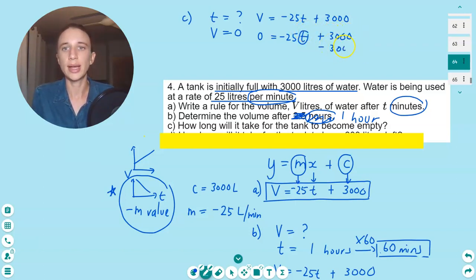It's furthest away. And 0 take 3,000 on the left-hand side is going to be negative 3,000. The 3,000 take 3,000 cancels. We've got negative 25t.